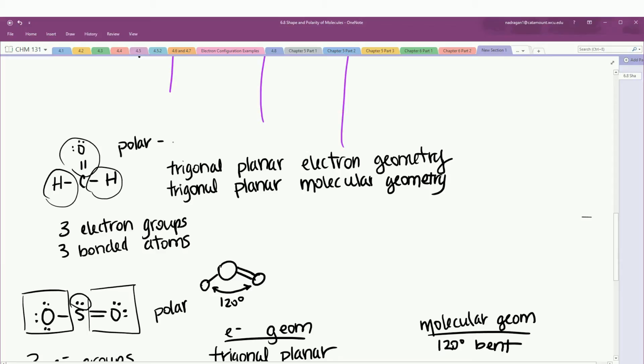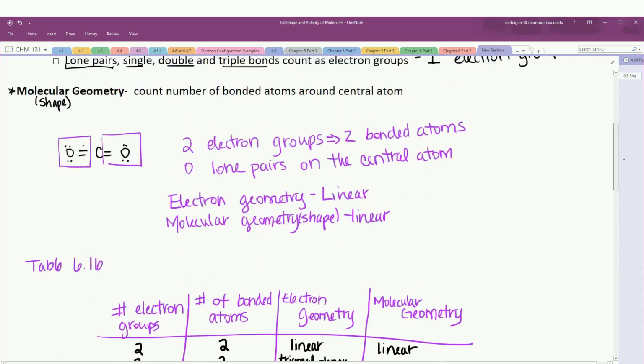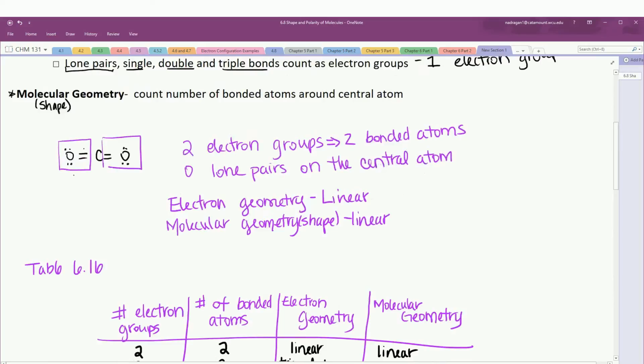So if it has more than one type of atom, or different atoms around it, it's also considered polar. If we go back to this example, we have two groups that are the same and there are no lone pairs of electrons on our central atom. So CO2 is nonpolar.